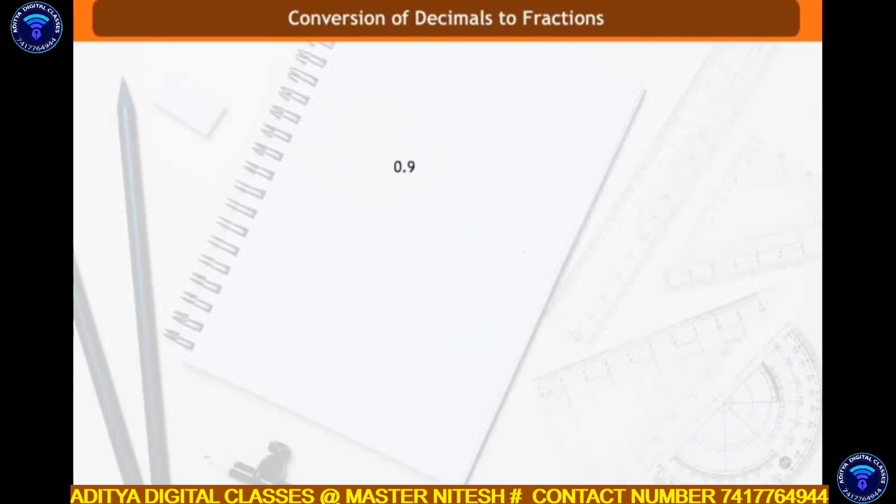Similarly, we can write 0.9 as 9 by 10. 0.593 is equal to 593 by 1000, and 0.00243 is equal to 243 by 100,000.